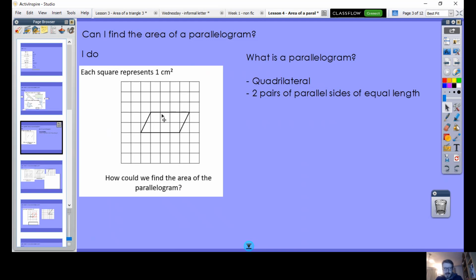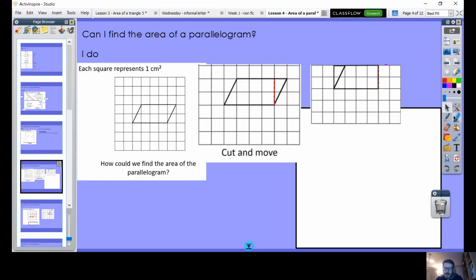So what we can think of is actually a parallelogram is kind of like a slanted rectangle. And we can use that knowledge to try and help us find the area of a parallelogram, which is what we're trying to do today. So the first way we can think about trying to find the area of a parallelogram is how could we turn it into a shape which we can easily find the area of.